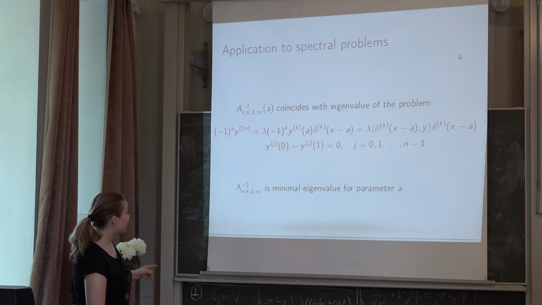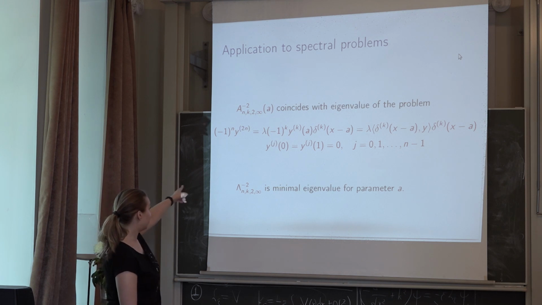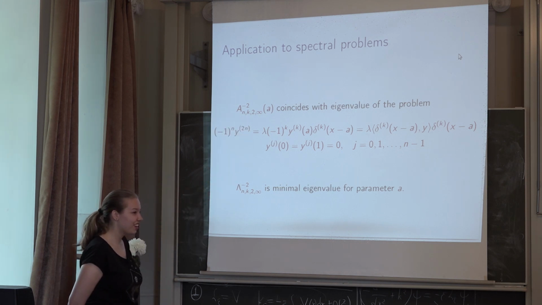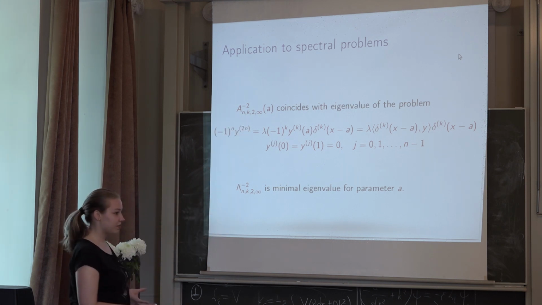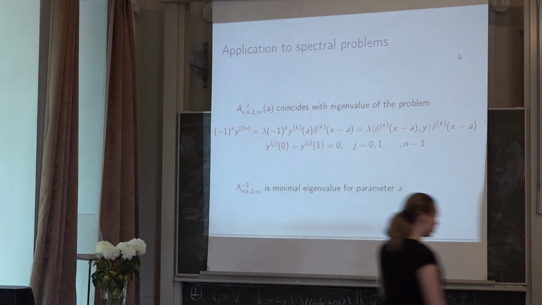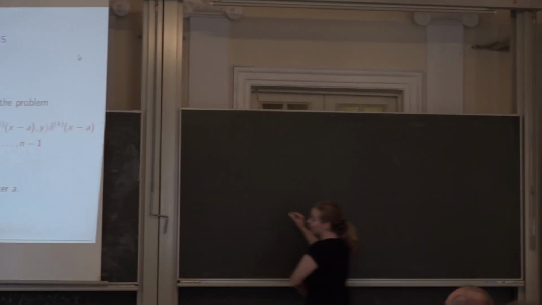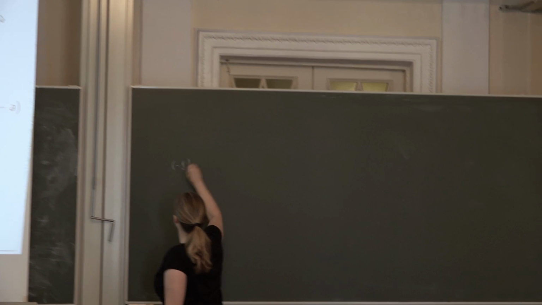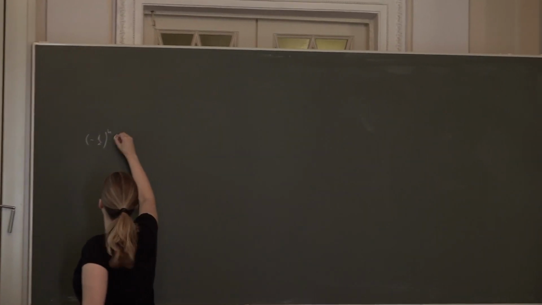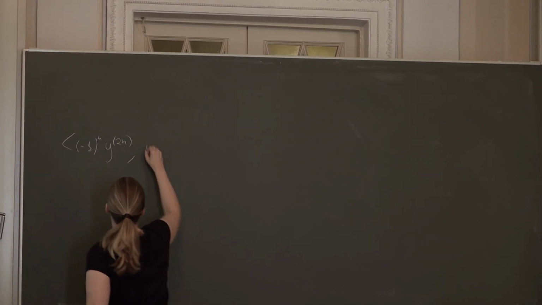What is the equation? Here, on the right side, you have a delta function. So we should act on both sides by x.